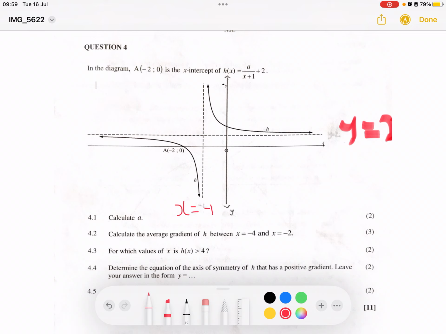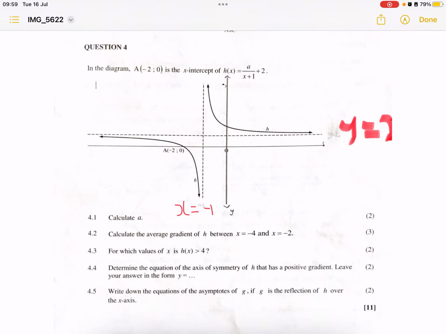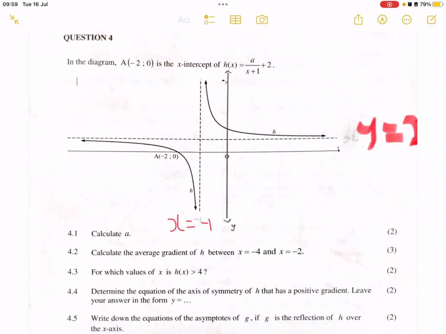So from this point upwards, we're looking at the x values at which the y values are above 4. So there's two ways in which you can do this.